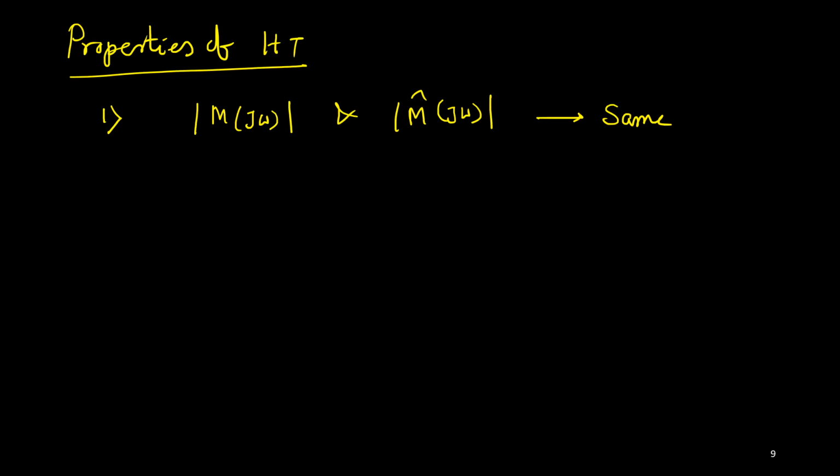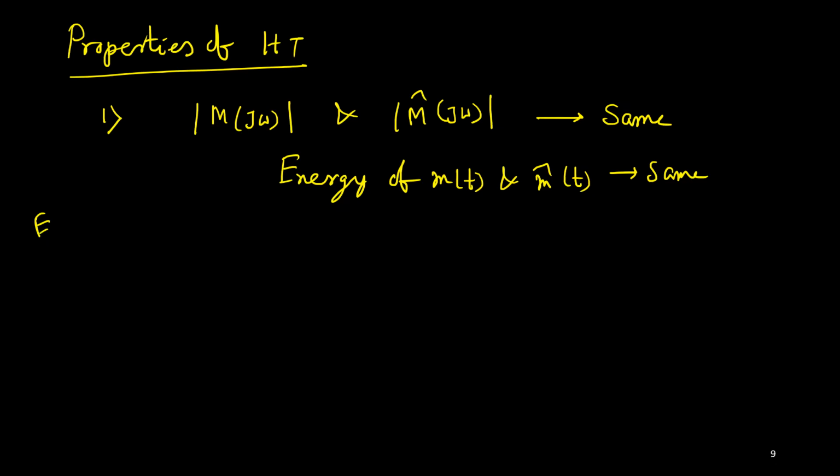If the magnitude spectrums are the same, then obviously the energy of m(t) and m hat(t) should be the same, because energy is simply the integration of the magnitude of M of j omega squared d omega, in the frequency domain we can consider.